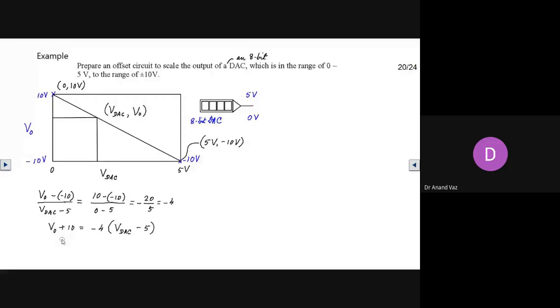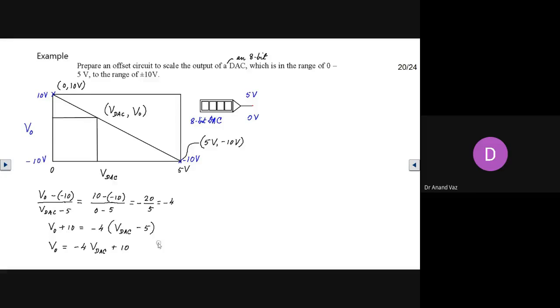Okay. So V naught is equal to minus 4 V DAC plus 20, and we'll take this 10 to the other side, so it becomes plus 20 minus 10, that is plus 10.